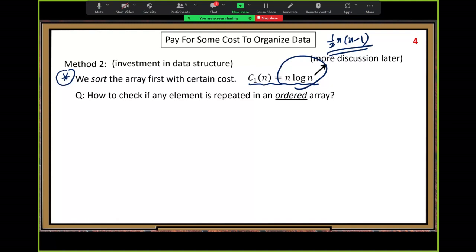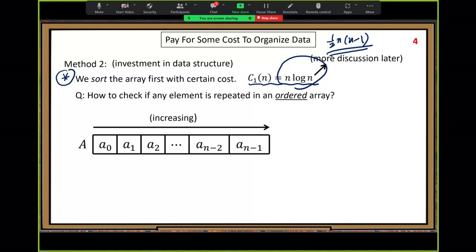Now, you know your data is an ordered array. You can take advantage of this property. So when you do comparisons, you assume the array is already ordered. You should take advantage of this nice property to save many comparisons.